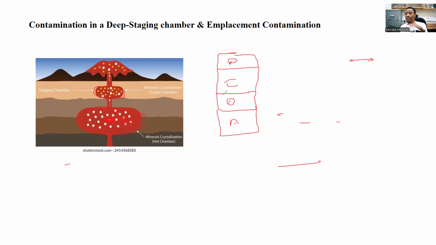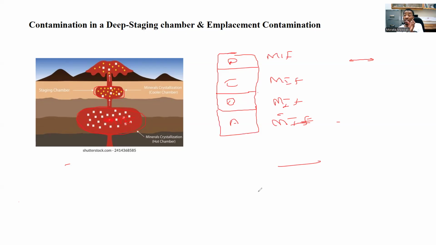So all these stratigraphic sequences, if they get to show the MIF signatures, let's say we see MIF, we see MIF, we see MIF, we see MIF, then what will be the assumption? The assumption would be that, oh, why all these stratigraphic sequences show the MIF isotopic signatures? So it means now the contamination happened in the deep staging chamber.